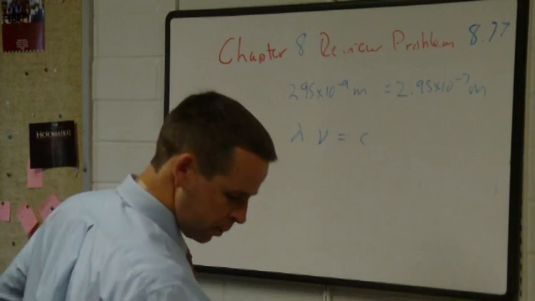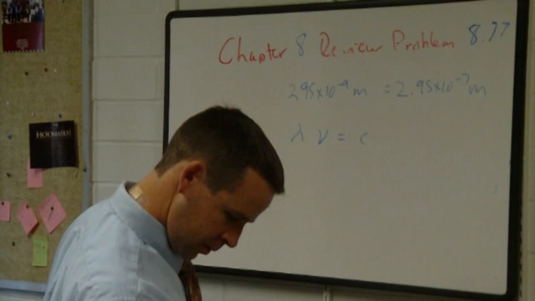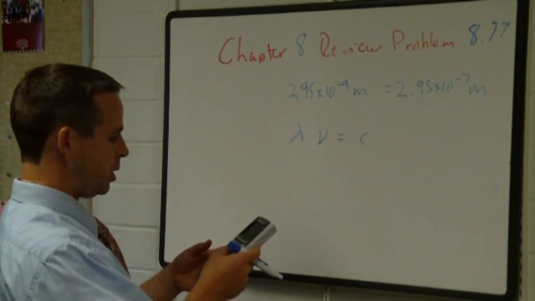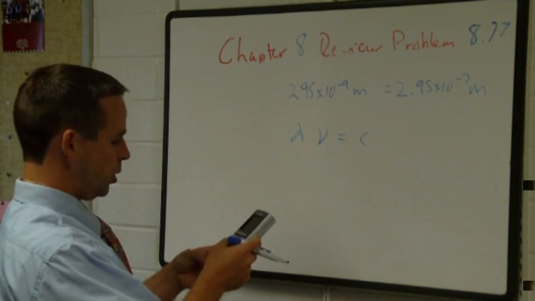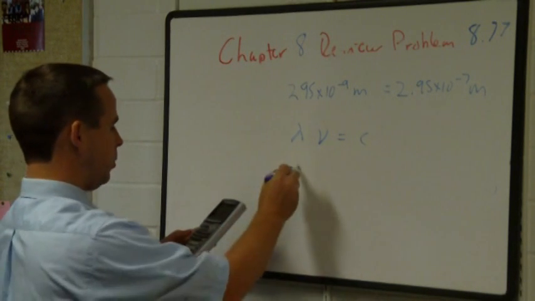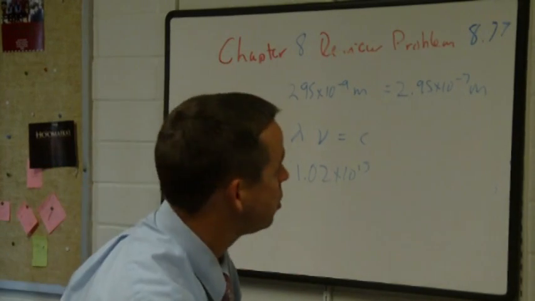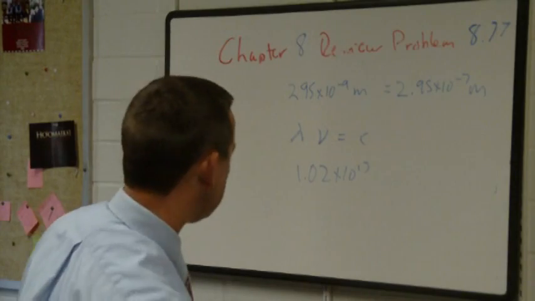We're asking for the frequency, so we take our speed of light and divide it by the wavelength, 2.95 times 10 to the minus 7. And I'm getting 1.02 times 10 to the 15. So it's 877: 1.02 times 10 to the 15.